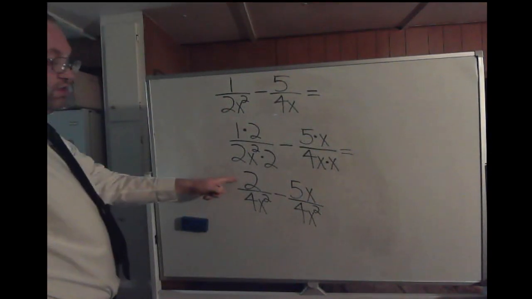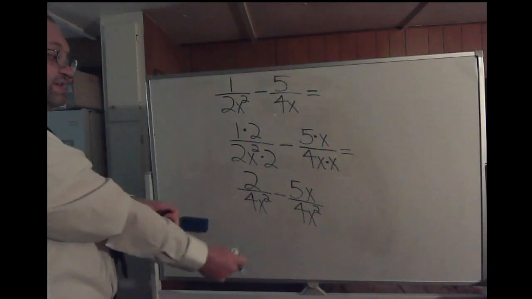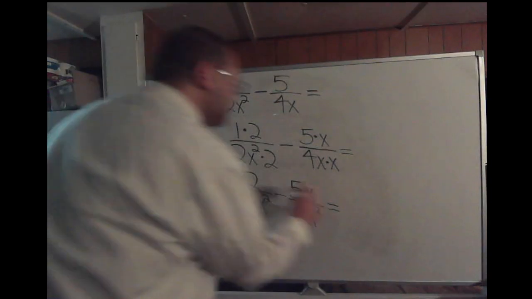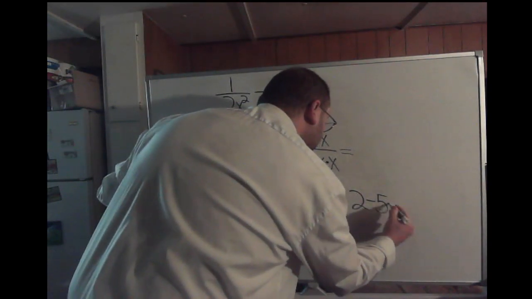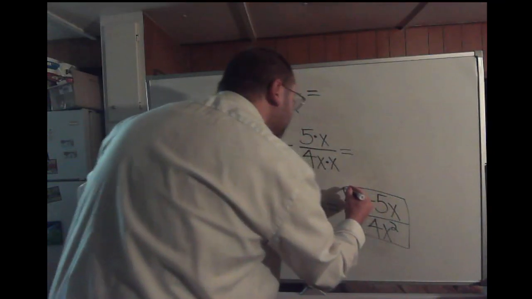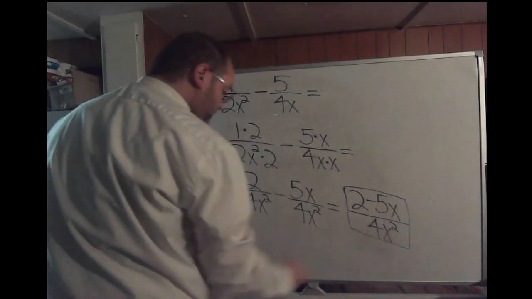Now we have 2 over 4x squared minus 5x over 4x squared. We have the same denominator. We can go ahead and do the subtraction. 2 minus 5x is going to be just that, 2 minus 5x over that denominator of 4x squared. And we can't factor this any further, so the answer you should get is 2 minus 5x over 4x squared.